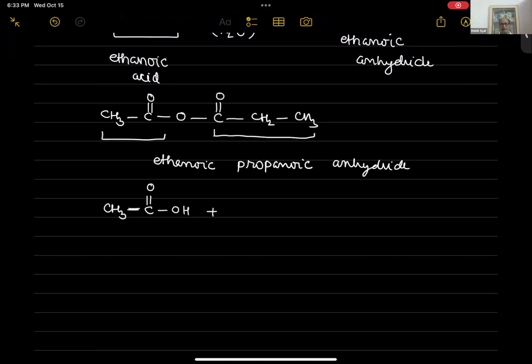By the esterification reaction. So what are the two components which you mix together? The alcohol and then the carboxylic acid, right? You heat it with concentrated H2SO4, and that concentrated H2SO4 acts as a catalyst. It removes water, and the carboxylic acid and the alcohol are joined to each other after the removal of water.